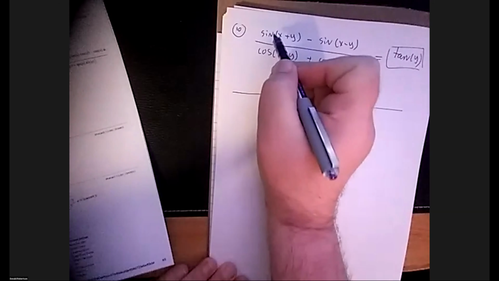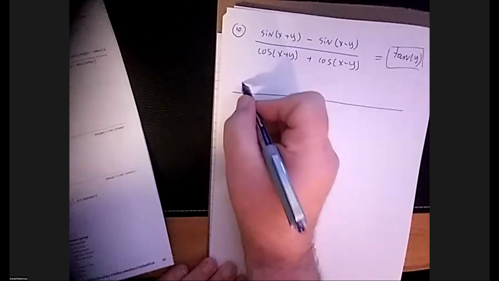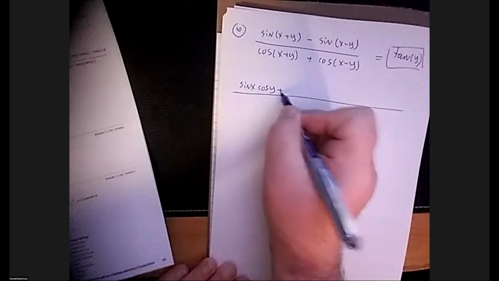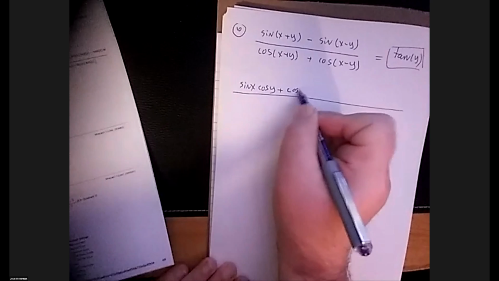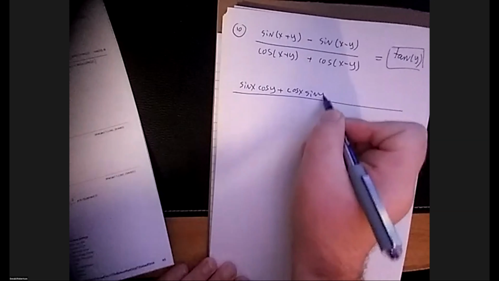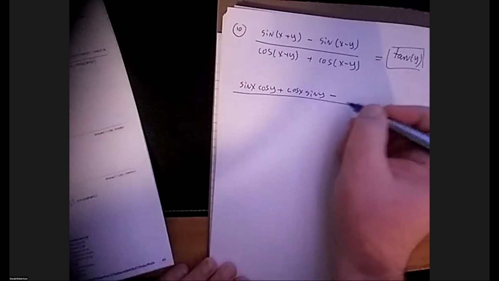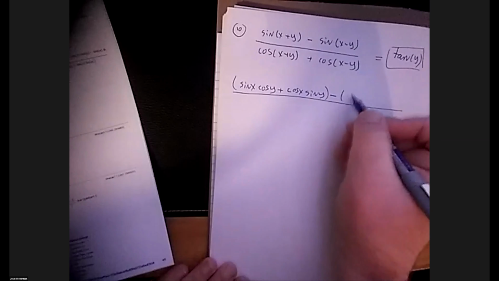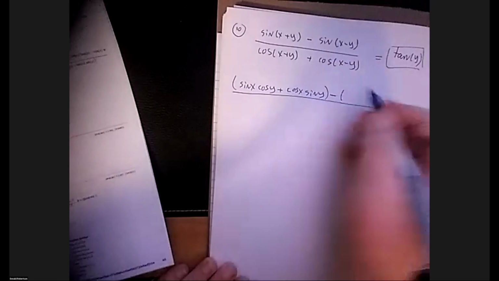If you look at the formula for the sine of two things added, it's the sine of x cosine of y plus the cosine of x sine of y. Subtract, a little bracket around that. The sine of x minus y looks almost the same, but has a negative in the middle.